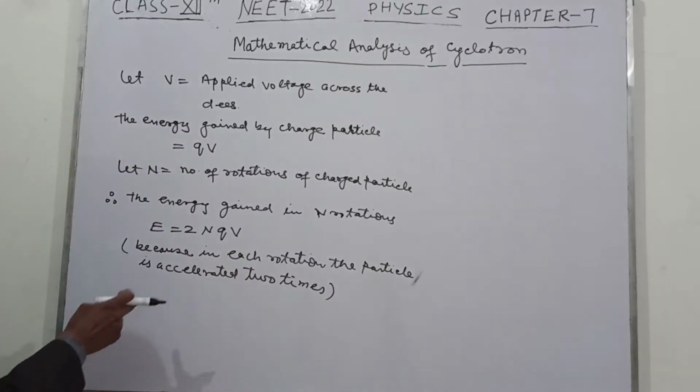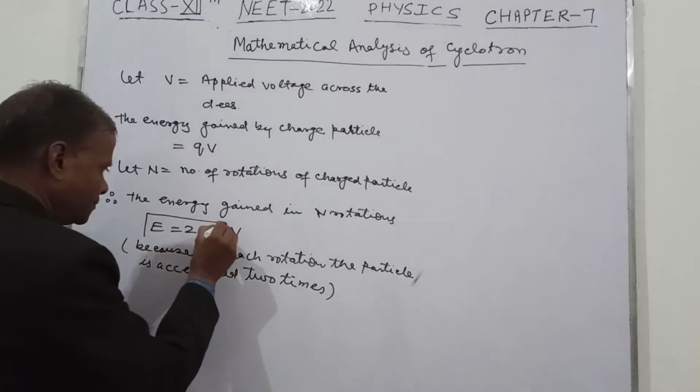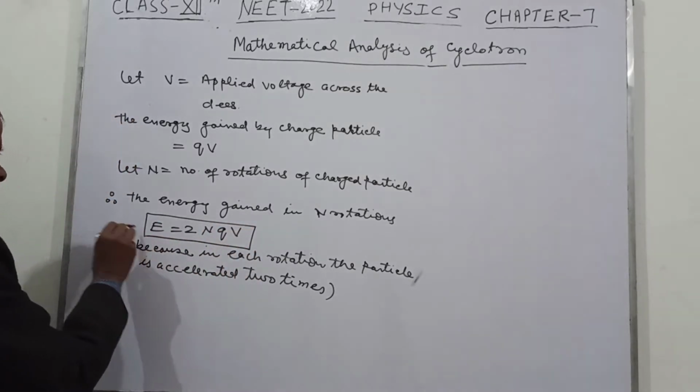So we have multiplied this by 2, giving 2nQV. This is our energy.